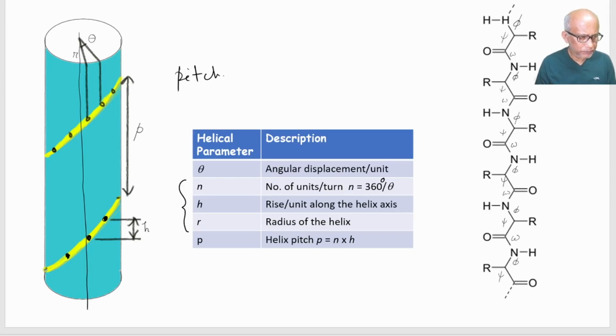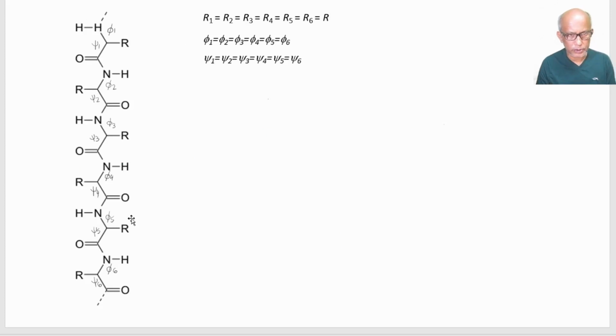So to summarize, we defined that our homopolypeptide, which has phi's and psi's all equal, must have the conformation of a helix.